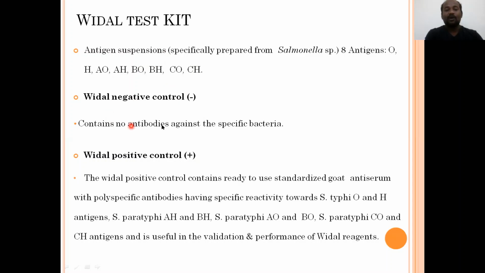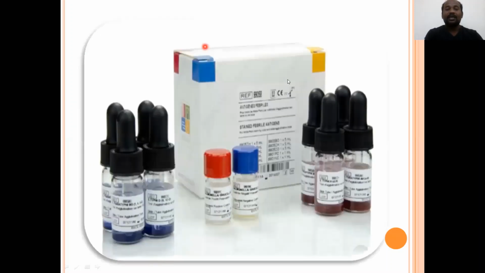Negative control contains no antibodies against the specific bacteria, and positive control contains standardized gold antiserum with polyspecific antibodies, with specific reactivity towards Salmonella typhi and paratyphi O and H antigens. It is useful in validation and performance of the Widal reagents. So this is the kit: 4 plus 4, 8 antigens, then negative control and positive control.